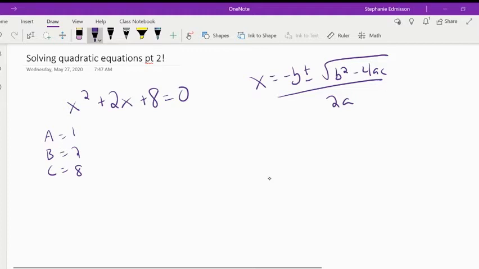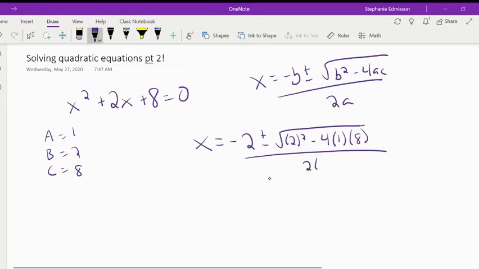So we have x equals negative b, or opposite b. B is 2, so the opposite of b is negative 2, plus or minus square root of b squared, b was 2, squared, minus 4ac, 4 times 1 times 8. And remember, we use these parentheses to represent multiplying, all over 2 times a.